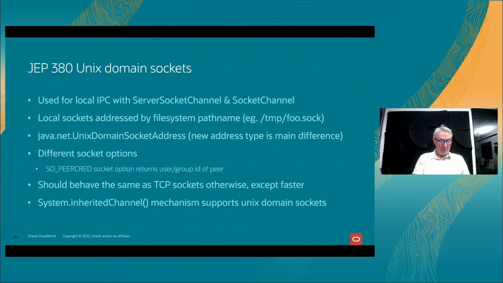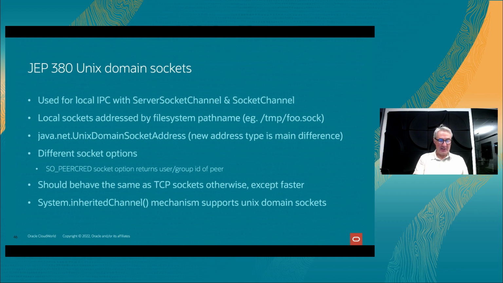Now, the second difference would be in the area of socket options. Obviously, Unix domain sockets don't support TCP socket options and vice versa. But Unix domain sockets have one or two socket options of their own, such as the one identified here, SO_PEERCRED, which is an option you can get on a connected socket channel, and this returns the user and group ID of the connected peer.